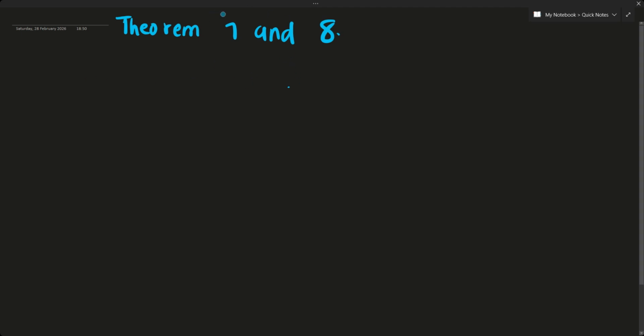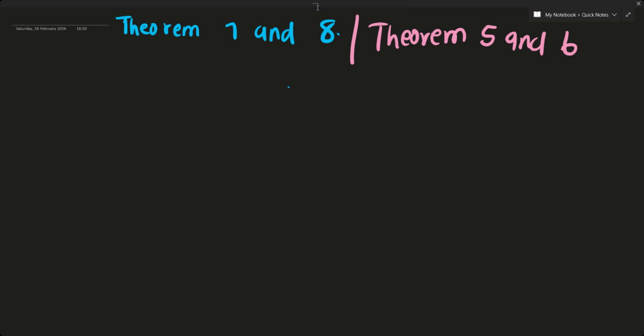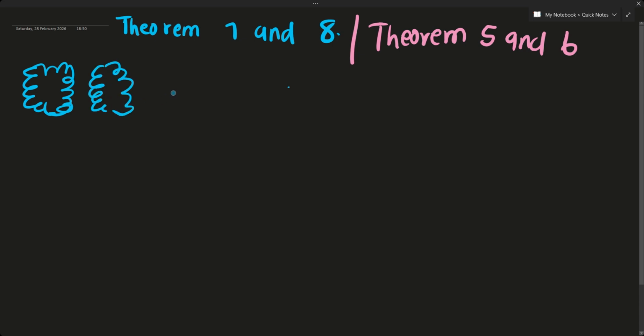Last chapter we talked about theorem 5 and 6, about these smaller pieces that are added together being always greater than or equal to the bigger part.